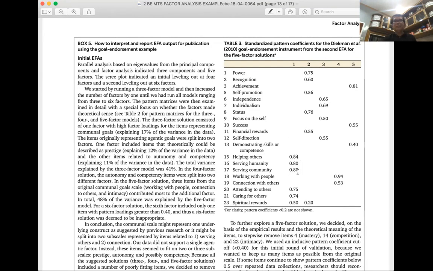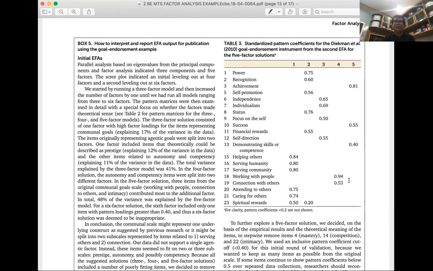We have factor 1: 0.84, 0.80, 0.80, 0.75, 0.74, then 0.50. Then we have factor 2: 0.75, 0.60, 0.56, 0.76, 0.55. We have a smaller loading, 0.20. We have 0.65, 0.69, 0.50, 0.55 for factor 3.